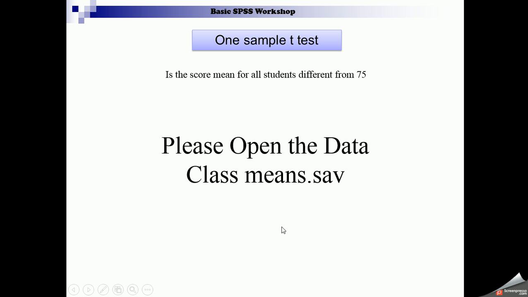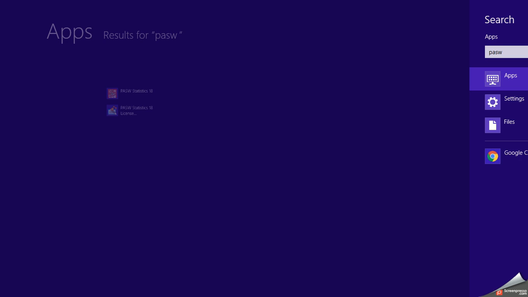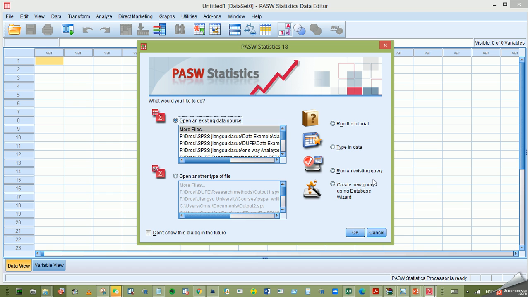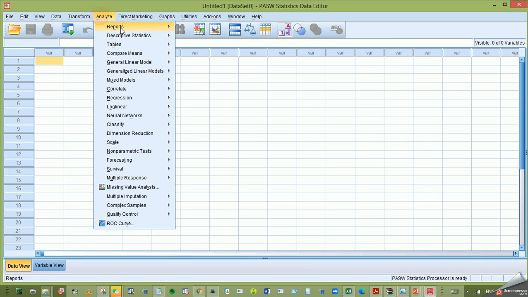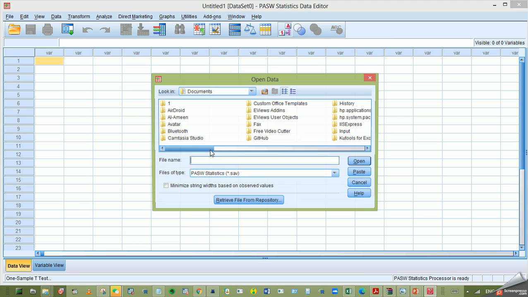Now we open the class means again. Go to view PASW, and we choose type in data. Then we go to compare means, one sample t-test. We are required to open the data file.